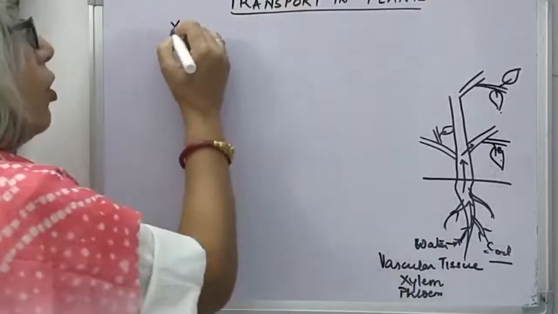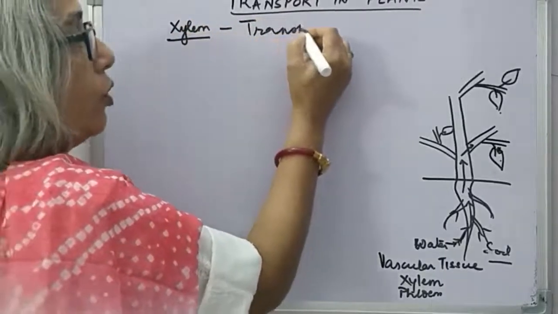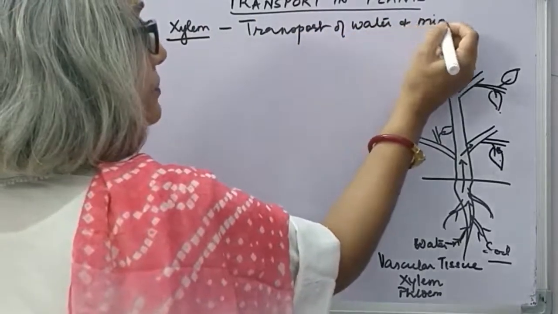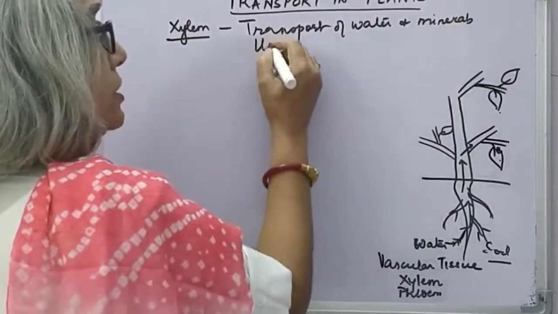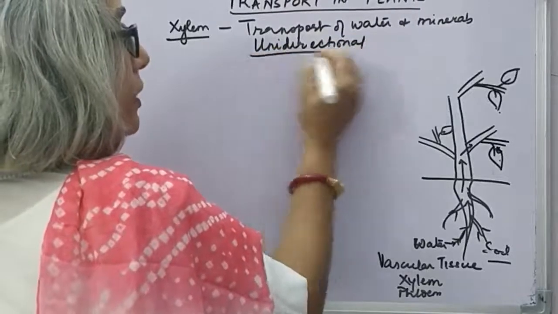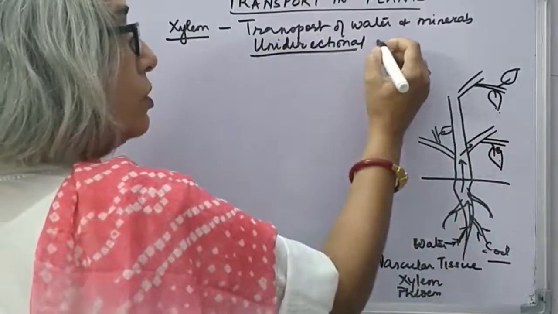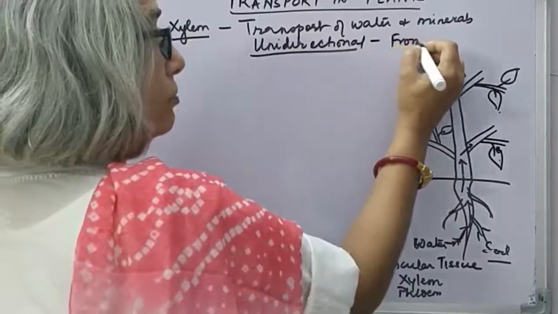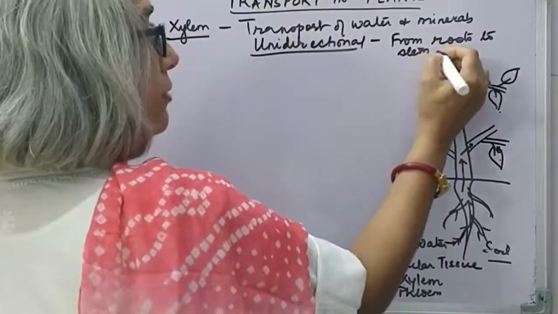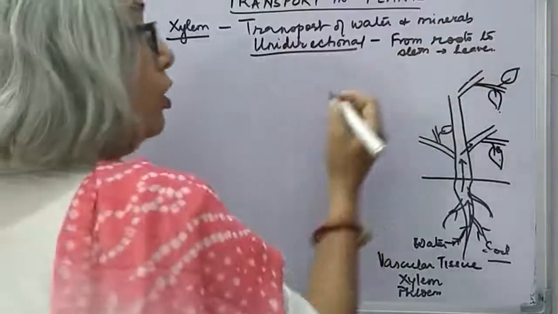Now when we talk of xylem, the tissue xylem helps in the transport of water and minerals, and we say this movement is unidirectional. Unidirectional means from the root to the stem to the branches to the leaves, where most of the water is going to be lost by transpiration.